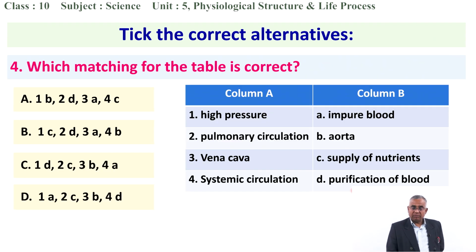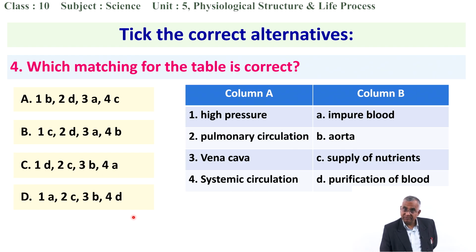Now there's another one. Which matching for the table is correct? In the table there are two columns. In the first column, high pressure, pulmonary circulation, vena cava and systemic circulation are given. And in column B, impure blood, aorta, supply of nutrients and purification of blood are given. You have to match them. One by one you have to see, so it may take time.